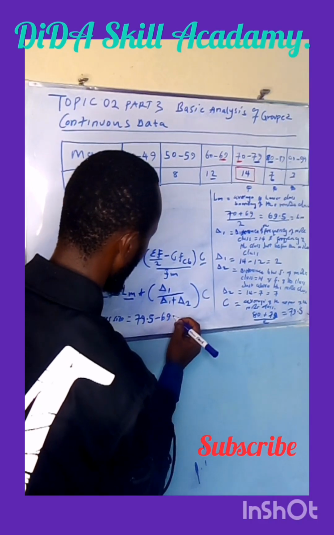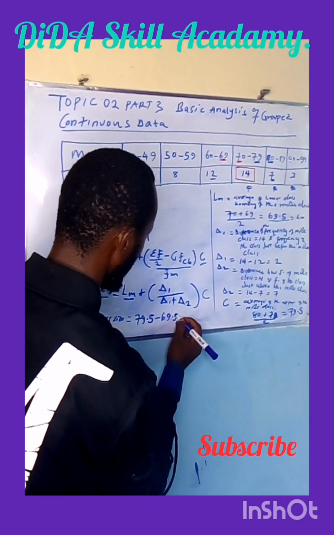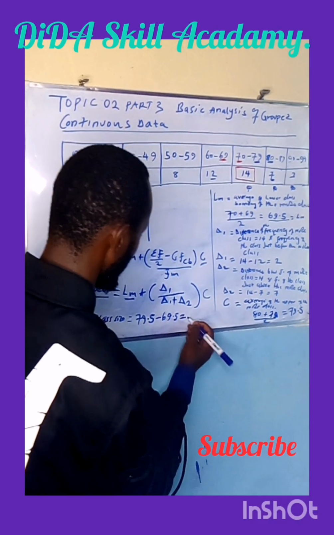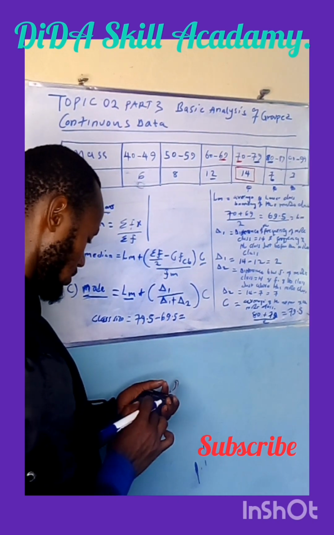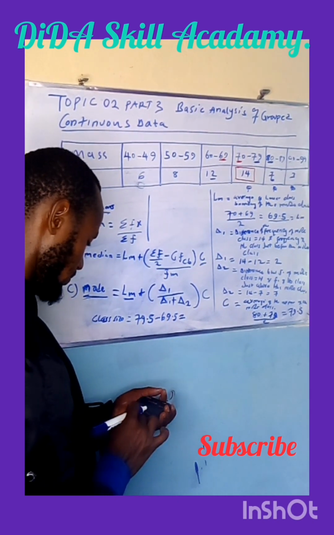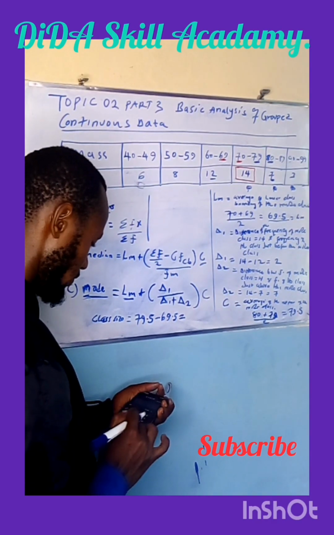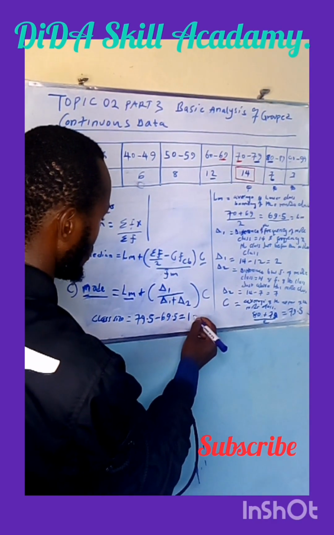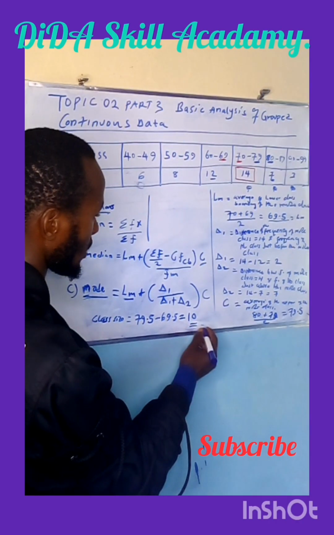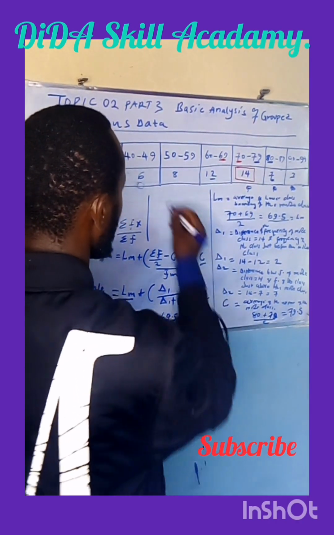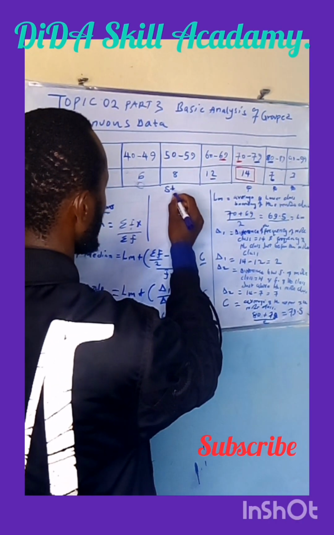That gives 10. So you have 10 as your class size. Now you just substitute into the formula.